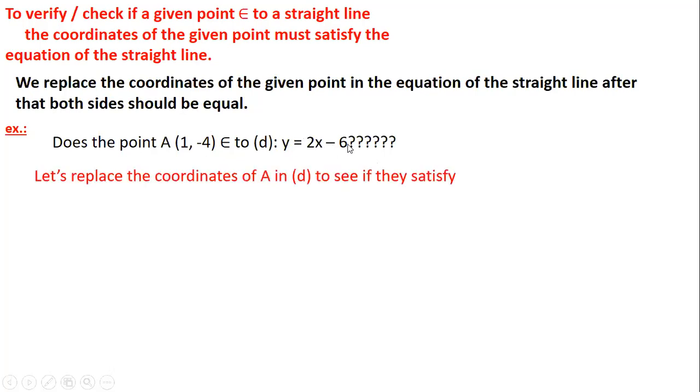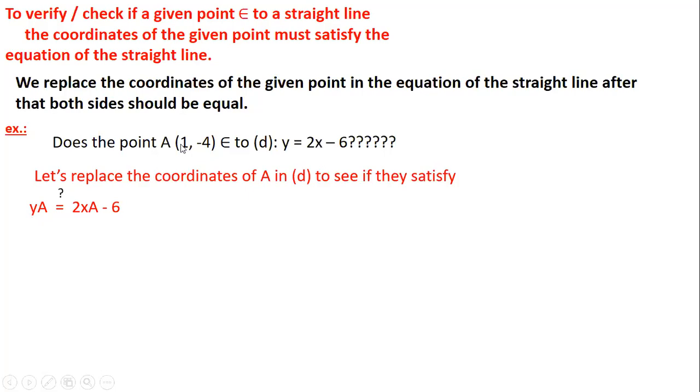I should replace the coordinates of A in this straight line that I gave to you. How do we replace? yA, is it equal? I write a question mark above the equal sign: yA, is it equal to 2xA minus 6? I simply named this y, yA, and I named this x, xA.